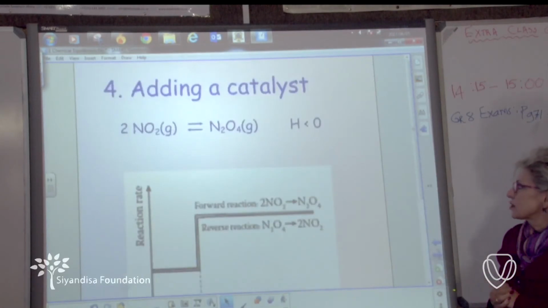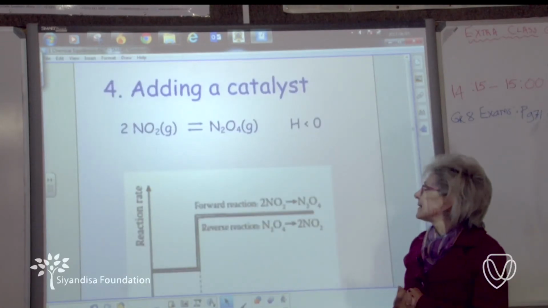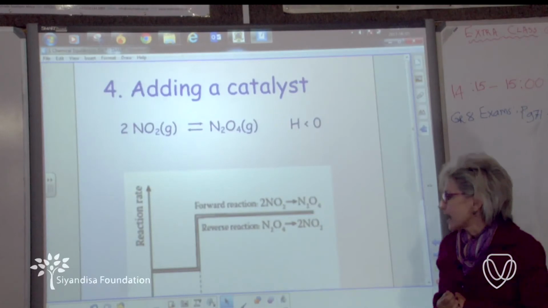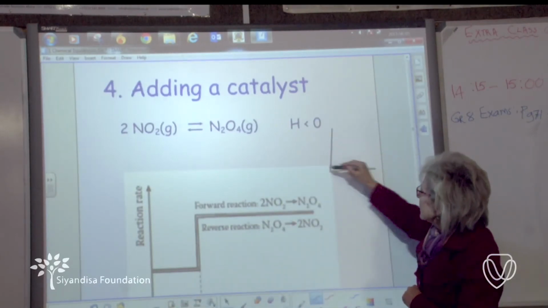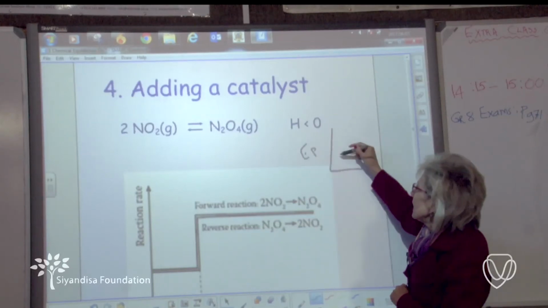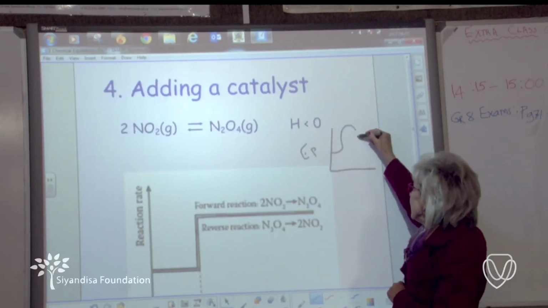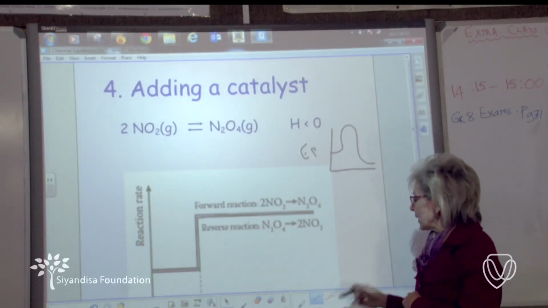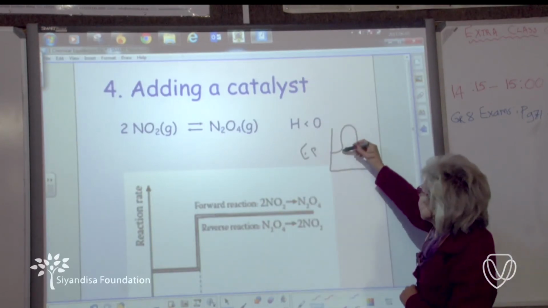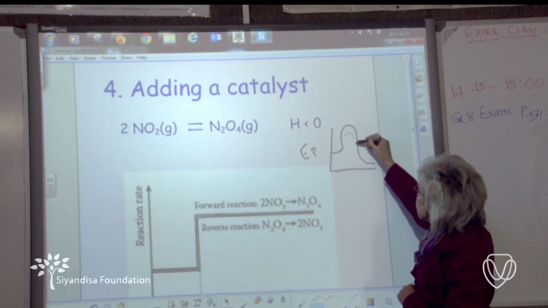And that then brings us to the last factor, and that is adding a catalyst. Now, once more, if you think back to your potential energy curve that you did in grade 11, if that is the shape of the curve and we add a catalyst, it simply does that.